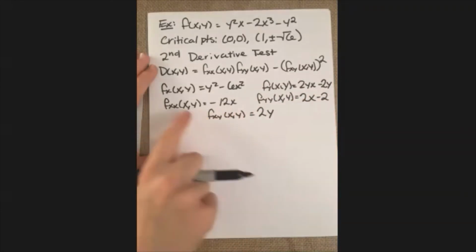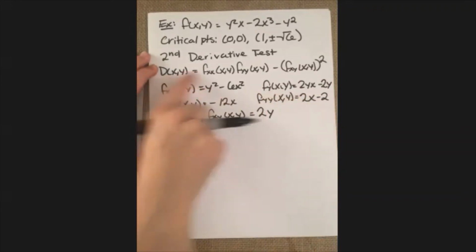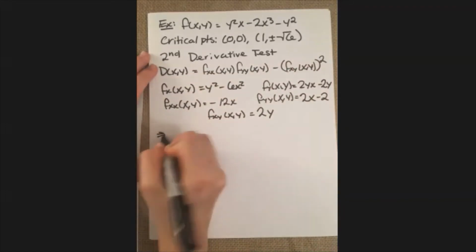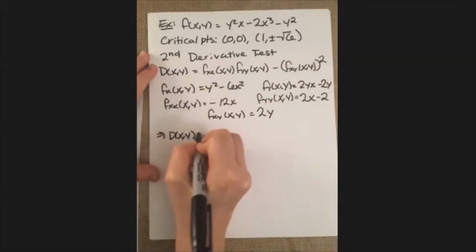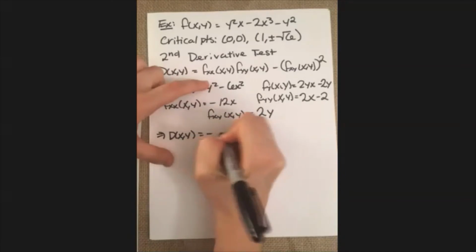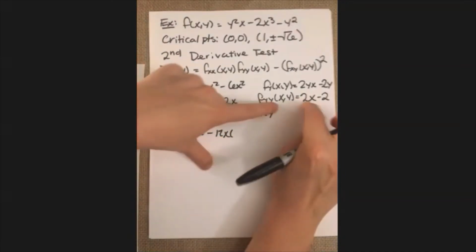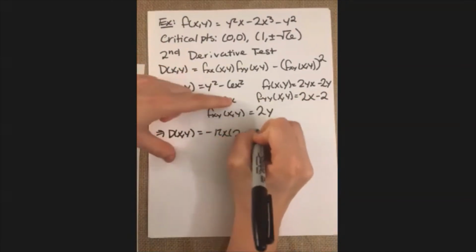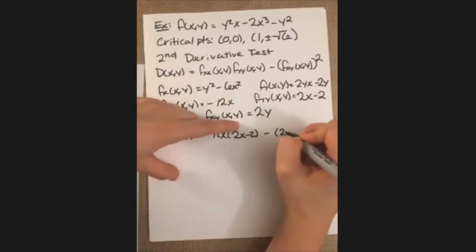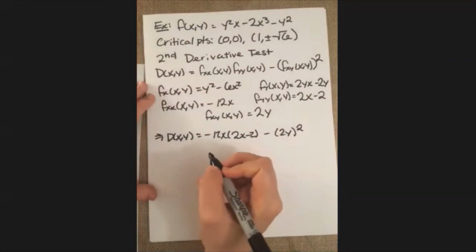Okay, so now I can put these three pieces together to get my general expression for D(x,y). And that's going to be negative 12x times 2x minus 2, and then minus 2y squared.